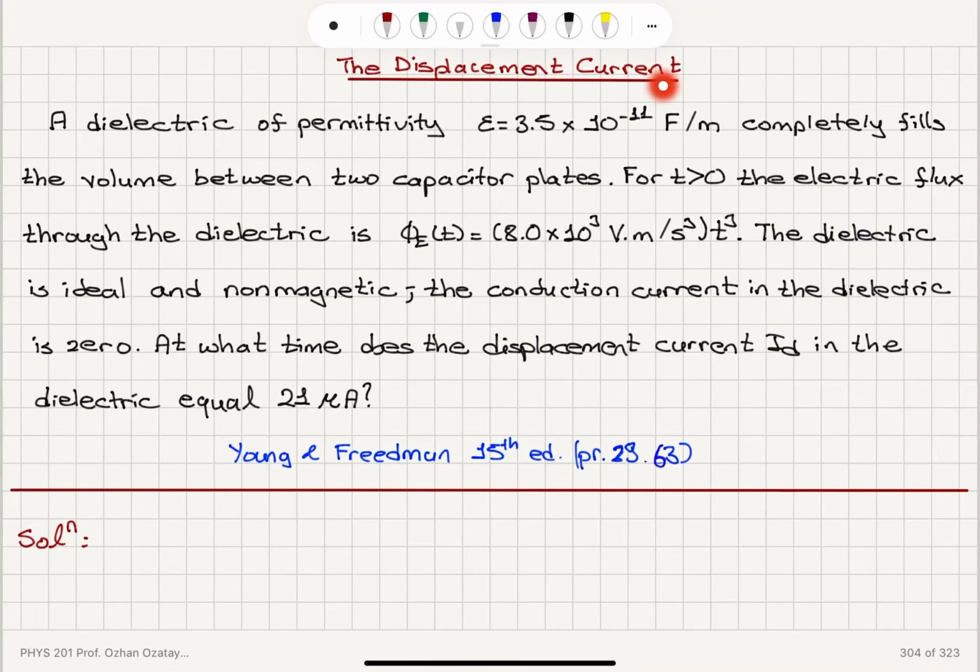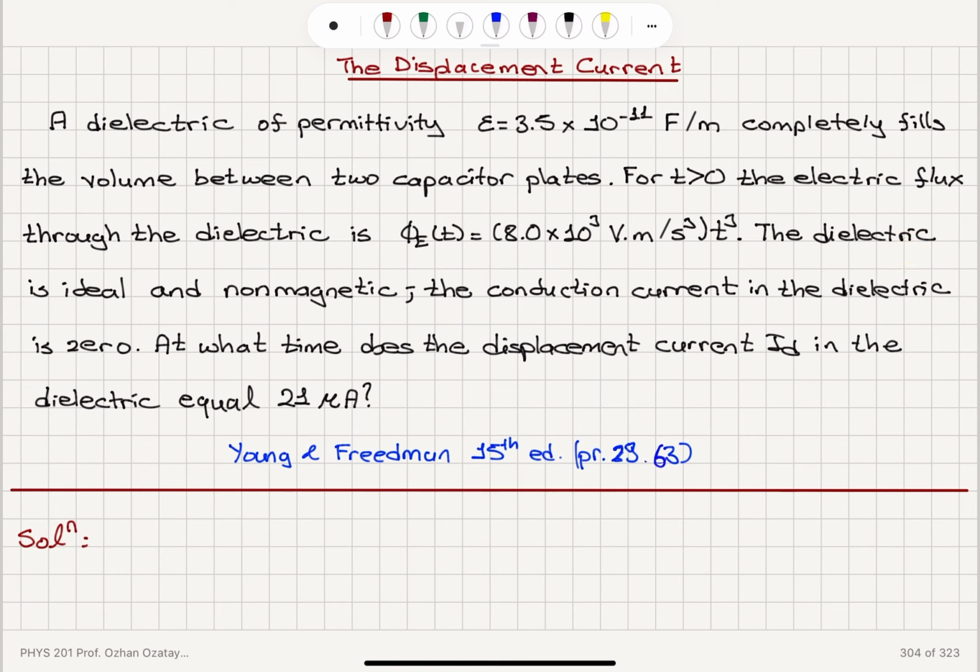The displacement current. A dielectric of permittivity epsilon equals 3.5 × 10^-11 farads per meter completely fills the volume between two capacitor plates. For t greater than 0, the electric flux through the dielectric is Φ_E as a function of time 8.0 × 10^3 volt-meters divided by second cubed, times t cubed.